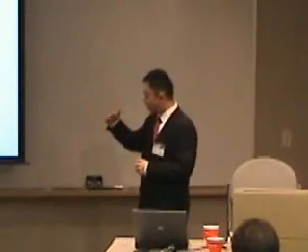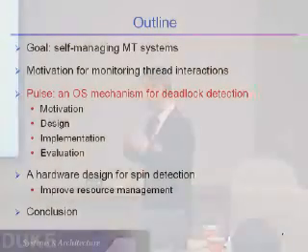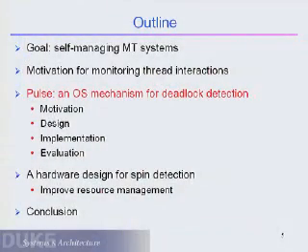The problem with spinning, however, is that if we spin for too long, we're just wasting resources and limiting the application throughput. So in that part of my talk, I want to design mechanisms that enable the system to self-monitor its spinning synchronization behavior. In that way, we can also design better mechanisms to manage the resources better.